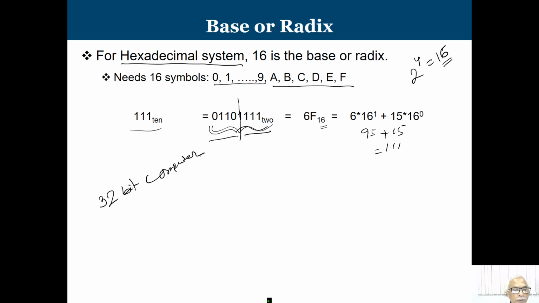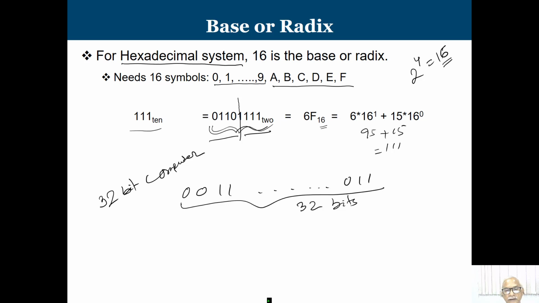So, if I am going to represent numbers or any information, I have to use some sort of bit stream, maybe of 32 bits. But instead of writing 32 bits, 32 divided by 4 gives 8. 8 fours are 32.